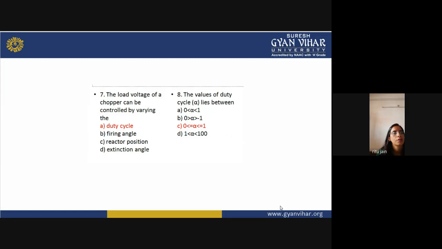So alpha's maximum value is 1. So C is the right answer for that. Alpha may be equal to 0 or greater than 0, but it is always less than or equal to 1.